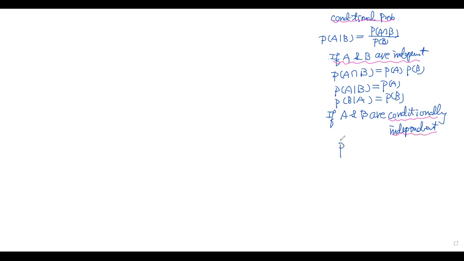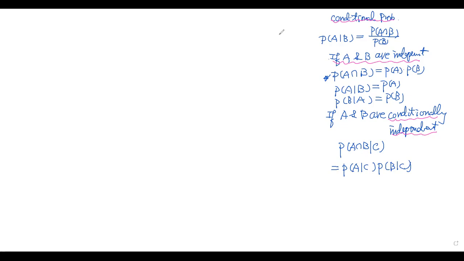We know that if A and B are conditionally independent, so A intersect B given the condition C, it's very similar to these equations, but they do have a condition, C. So that means the probability of A intersect B given C will be equal to the probability of A given C times the probability of B given C. Those are the three sets of formulas we need to use here.